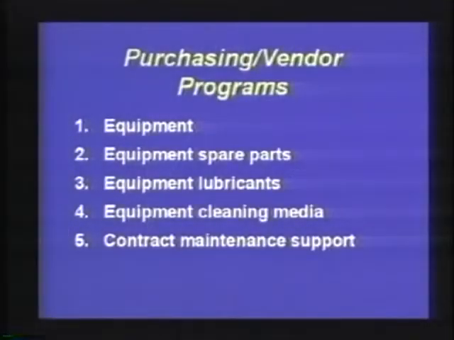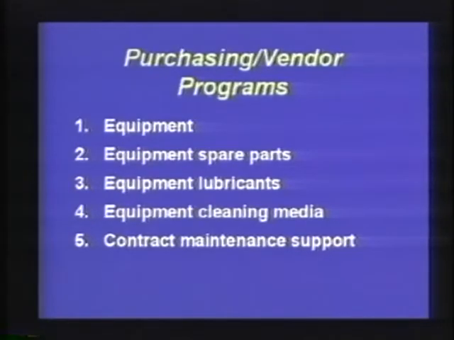5 would be different contract maintenance support. Now, common support would be tuck pointing, glazing, roofing, and let's say the care of lawn maintenance and shrubbery and any other activities that a contractor is a specialist in that area of maintenance activity.